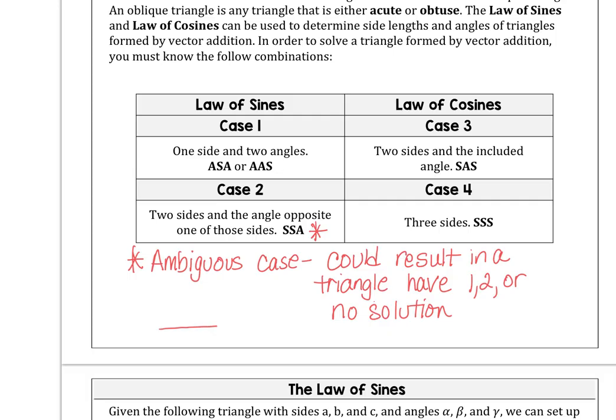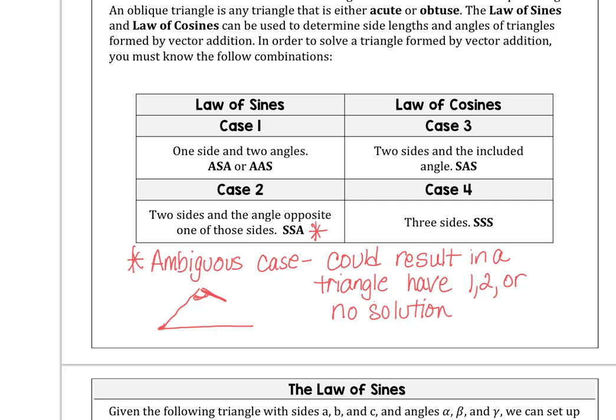So you had one really long side and another side, and you knew some angle, and the angle was up here. This side was so short you couldn't make that triangle possible because it couldn't be extended down.